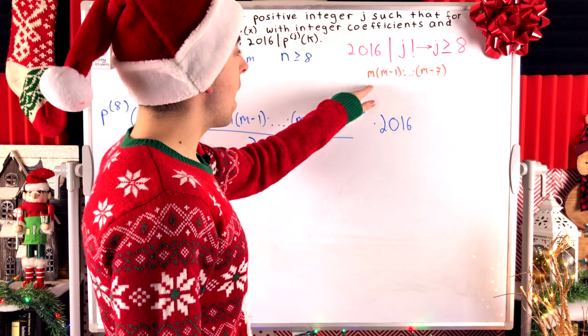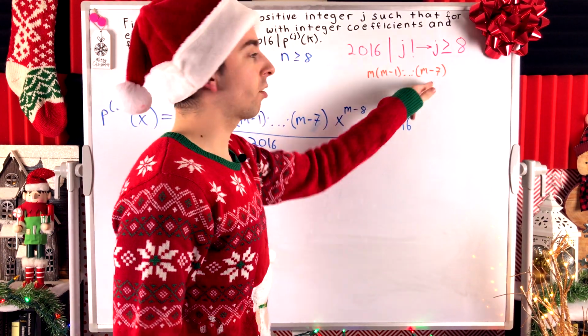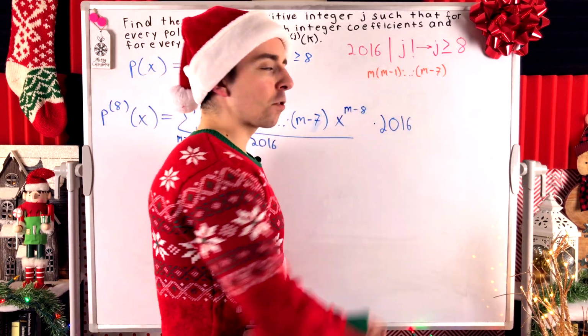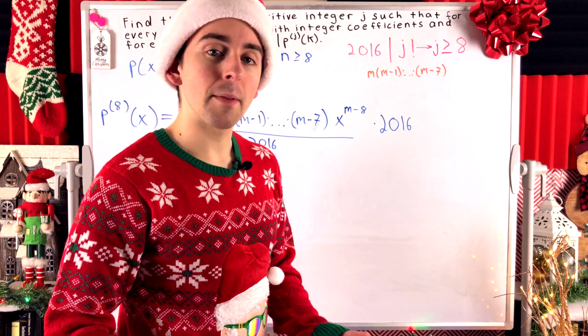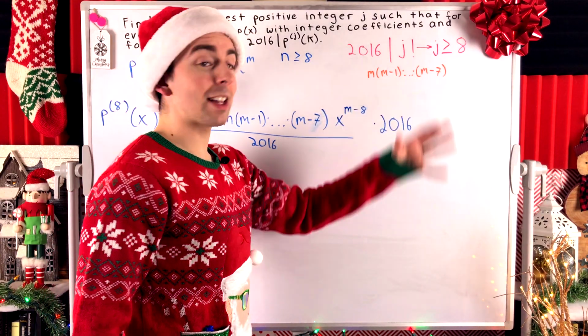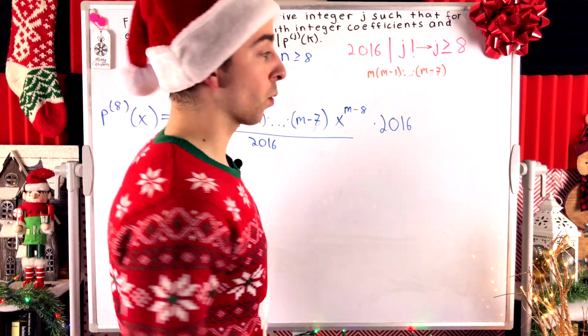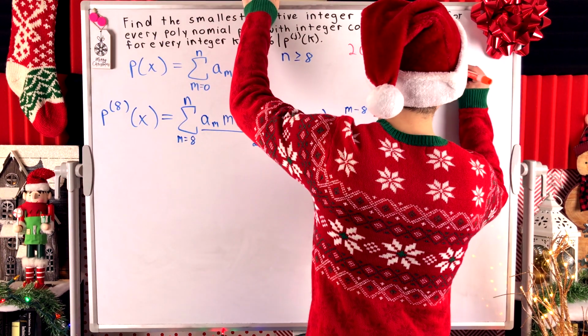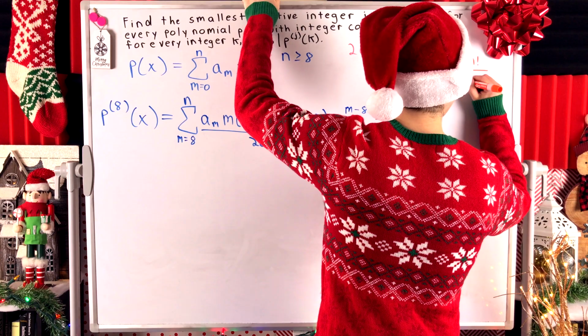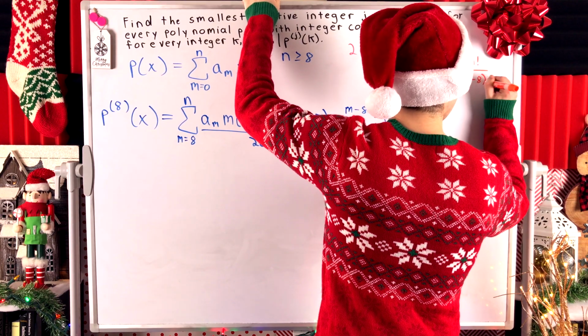When you see m times m minus 1 and so on down to m minus 7, and think about trying to replace this expression with something that involves some division, you might immediately remember how to write this expression as one factorial divided by another. We can write it as m factorial divided by m minus 8 factorial.